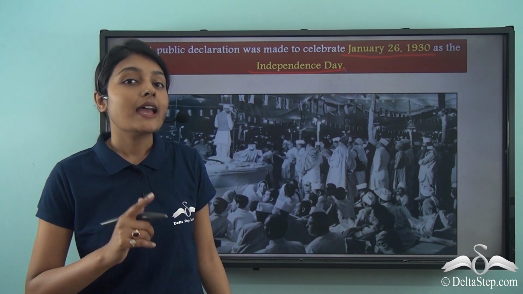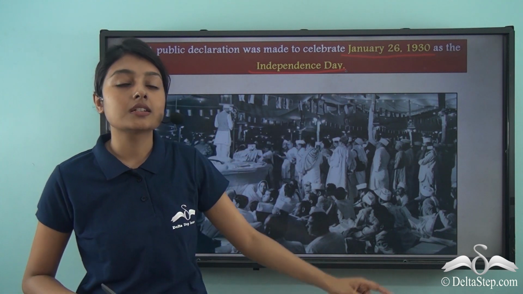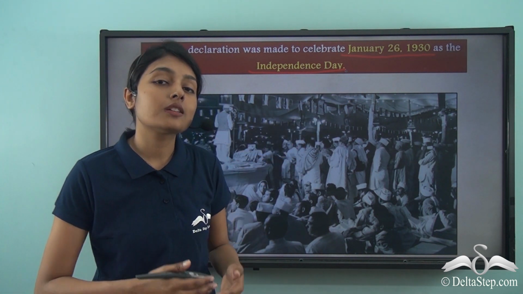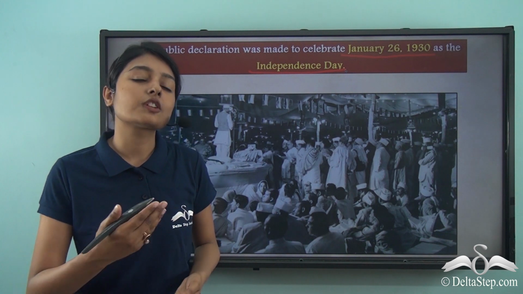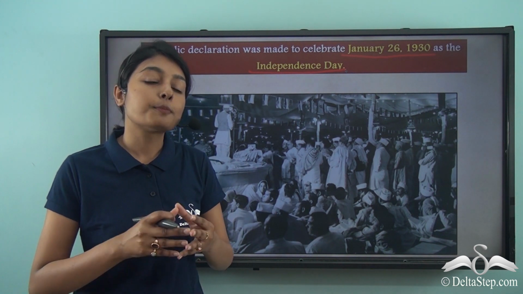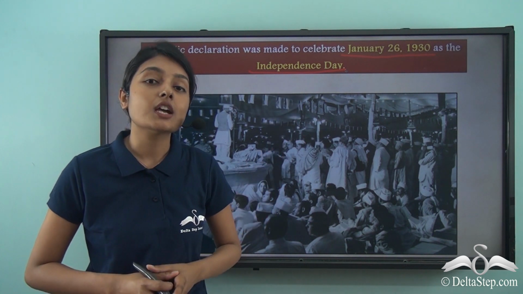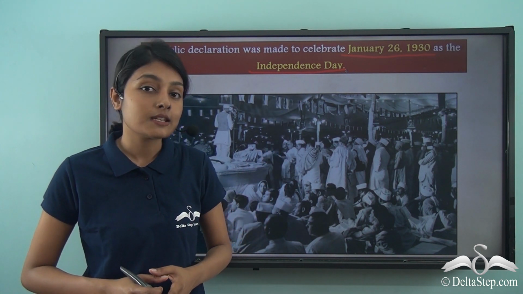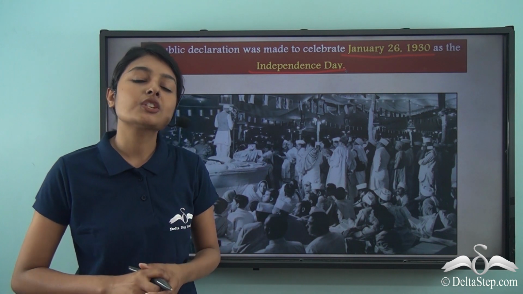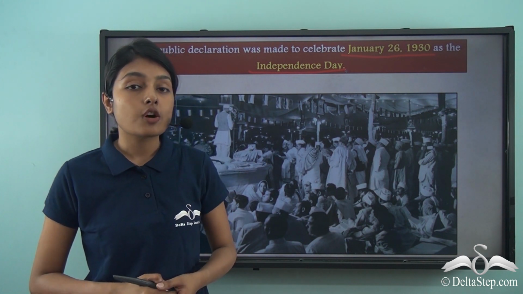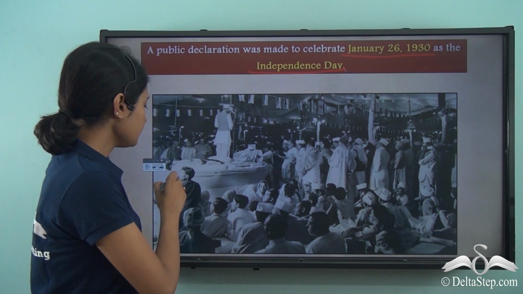This January 26, 1930 now became very important in the pages of history, because it was for the first time that this Purna Swaraj Declaration was made and Independence Day of India was to be celebrated by the Indian masses, though they were very much under the impact of colonial rule.